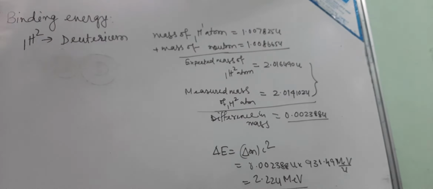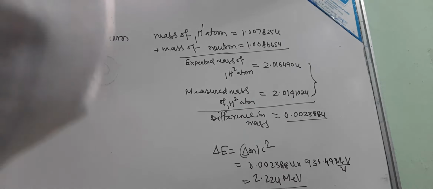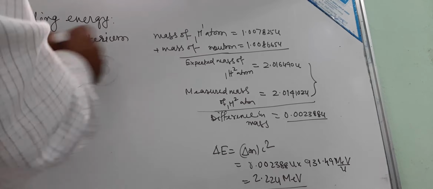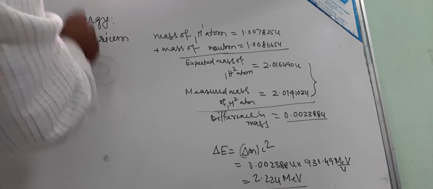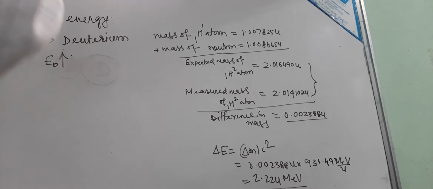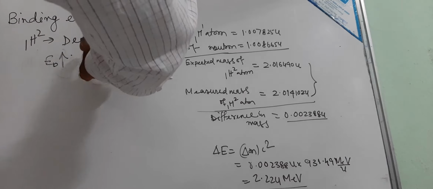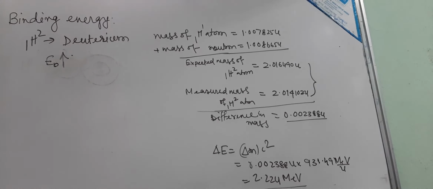So the energy equivalent of this missing mass of the nucleus is called the binding energy of the nucleus. If this binding energy, EB, is greater, then what happens? More energy must be supplied to break up the nucleus.